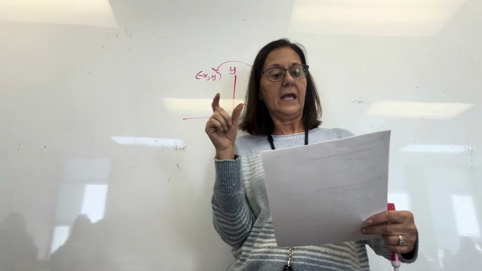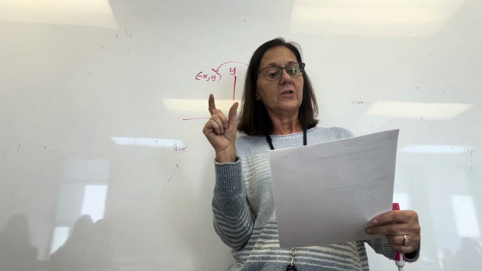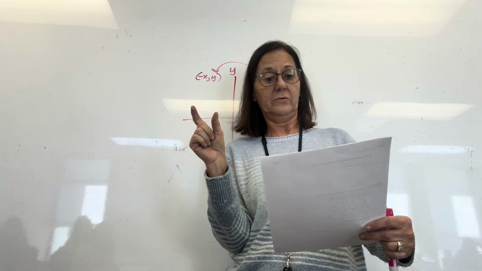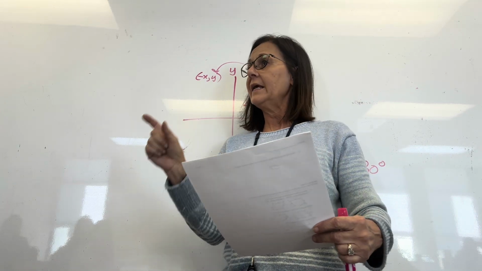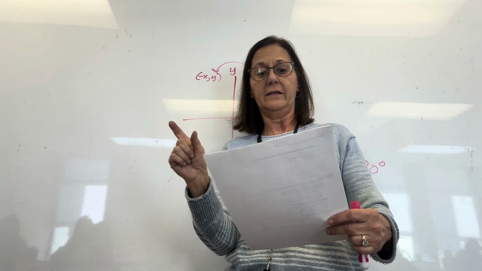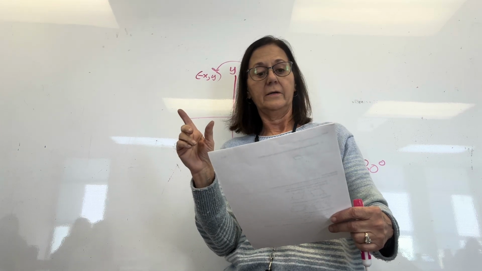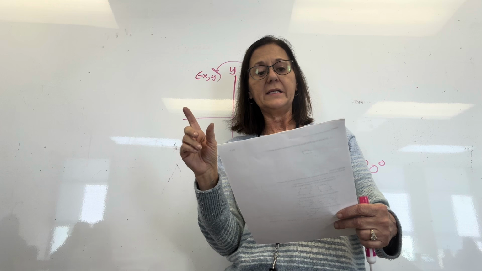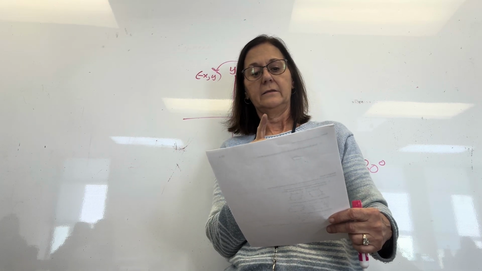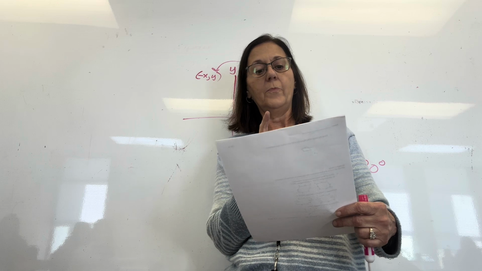So it says name the translation image of ABC. So they're saying ABC is the original. But what is the image after it's reflected over line T? All right, so that's where we're going to start. What is ABC reflected over line T? OPQ. OPQ.